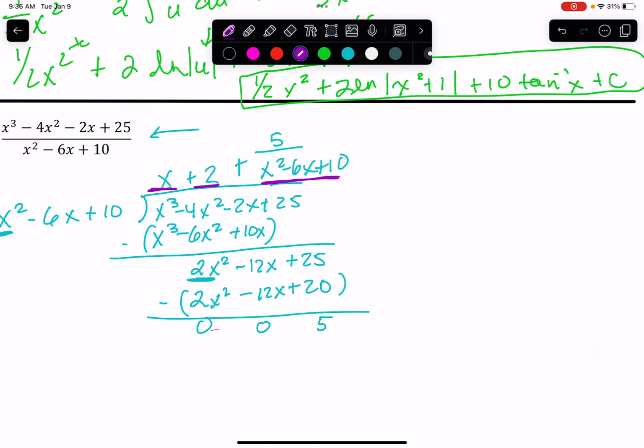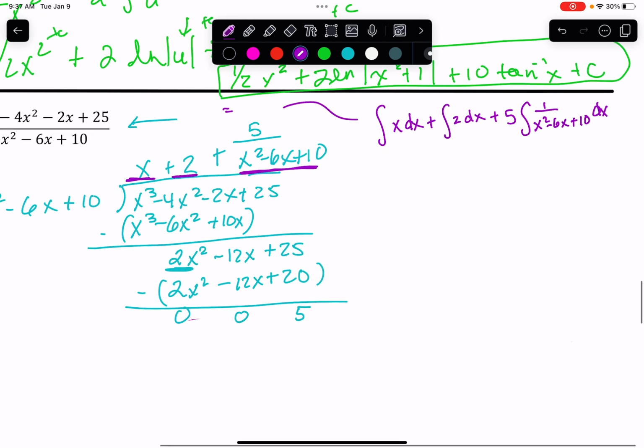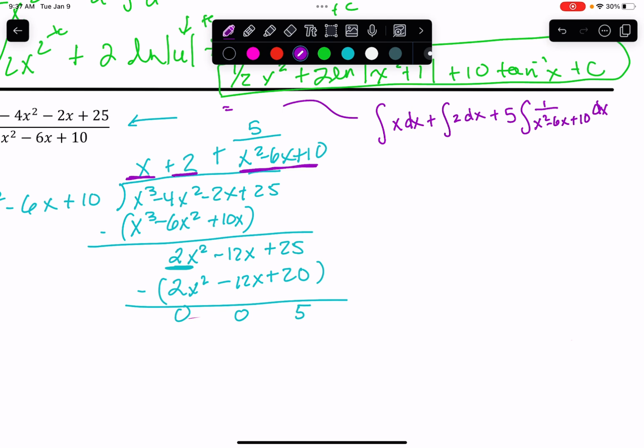So we would rewrite this as the integral of x dx plus the integral of 2 dx plus 5 times the integral of 1 over x squared minus 6x plus 10 dx. All right, so let's just do these first ones. We have, integrating it, 1/2 x squared plus 2x, and then plus, let's just rewrite this again, and then we'll go do this.